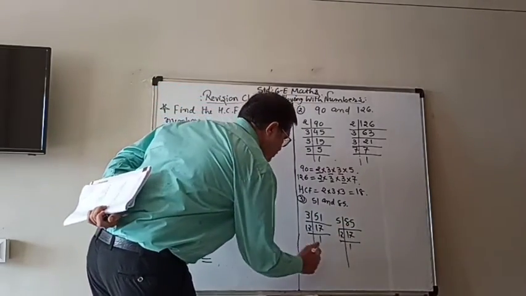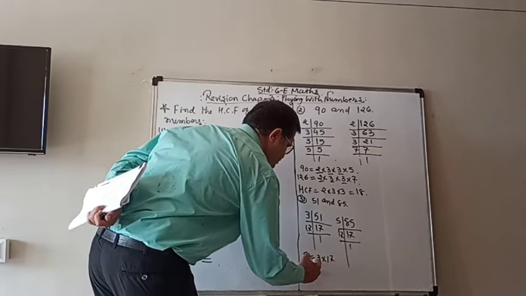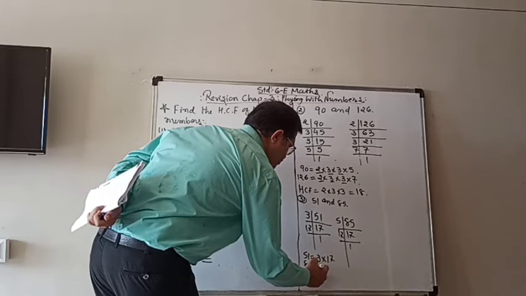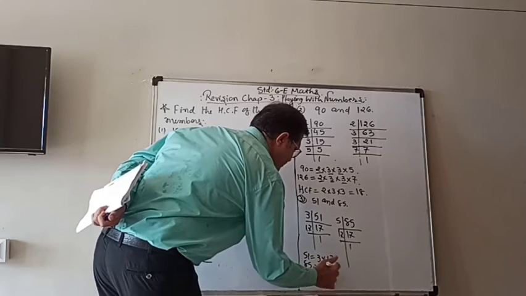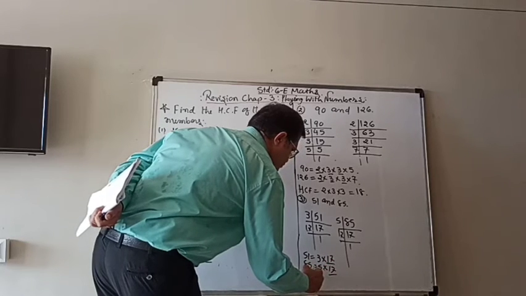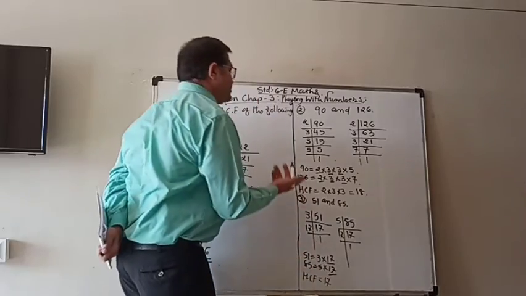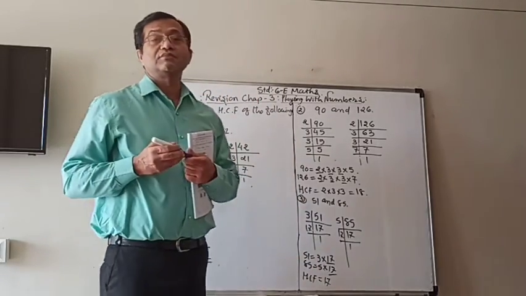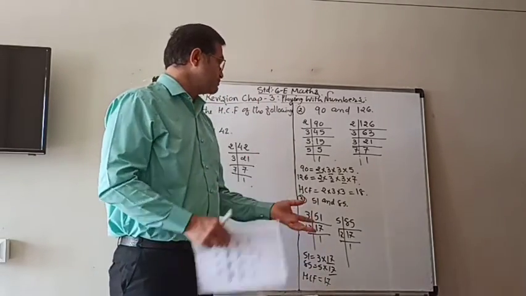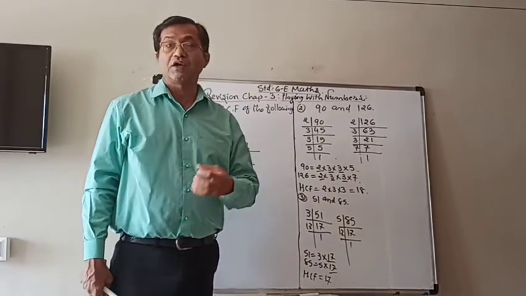So now 51 is equal to 3 multiplied by 17, 85 is equal to 5 multiplied by 17. So now only 17. So HCF will be 17 only because no other prime factors are common for them. So the HCF is 17.